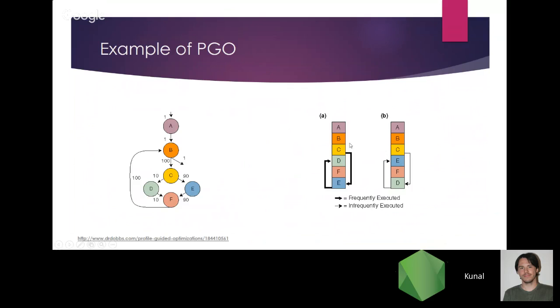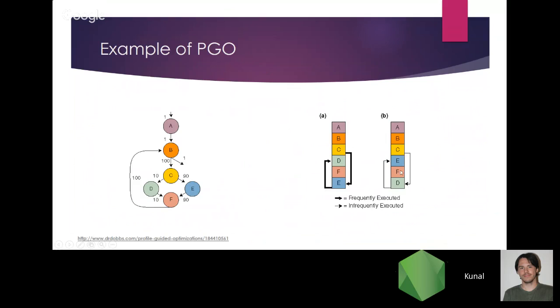Normally, on the right hand side in part A, in the normal binary, the basic blocks will be arranged like this, A, B, C, D, E, F, just as it has seen. But if we use profile guided optimization, it knows that it has taken path C, E, F more than it did C, D, F.